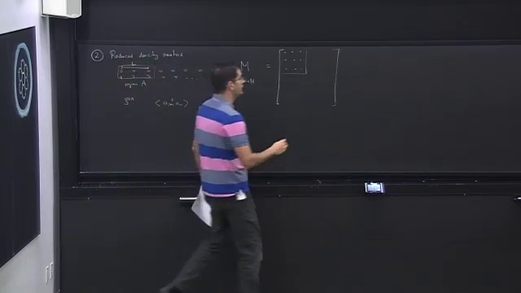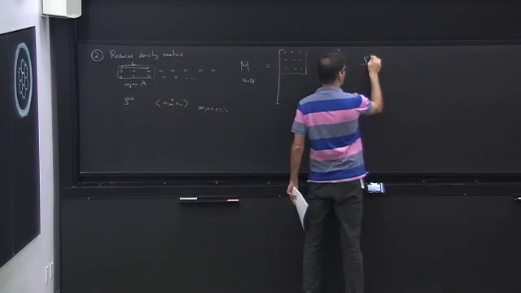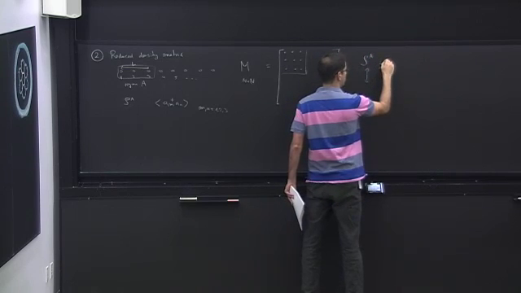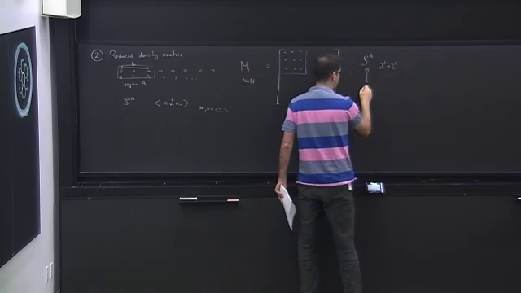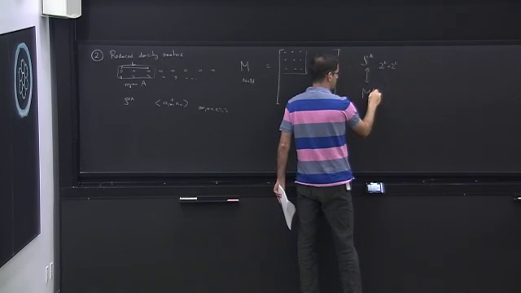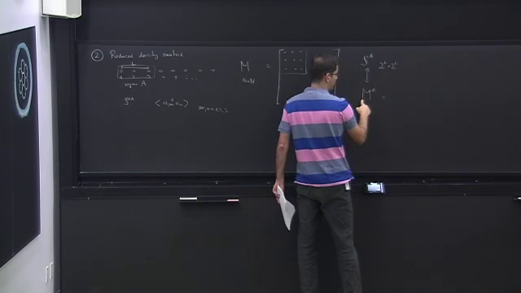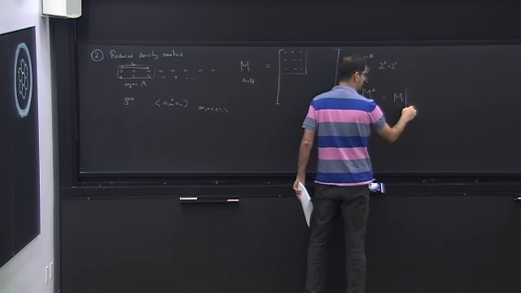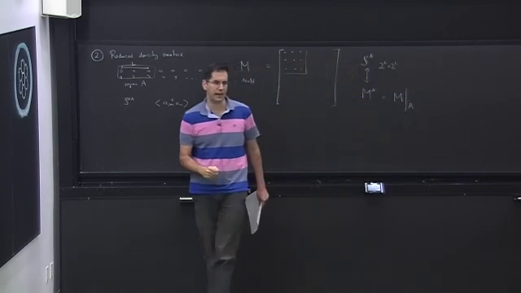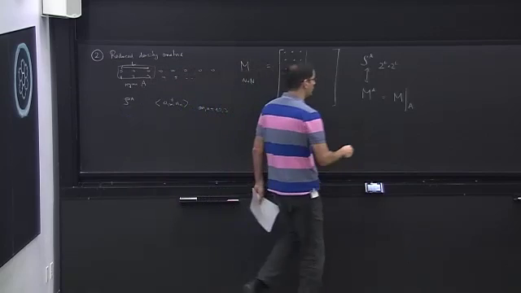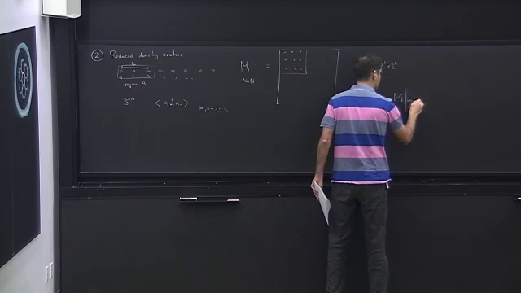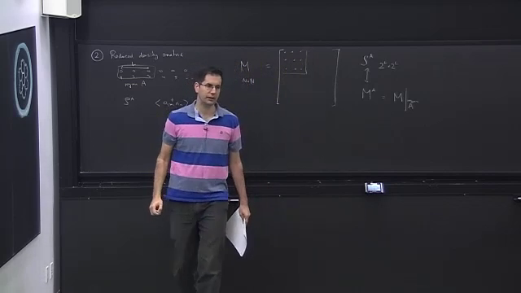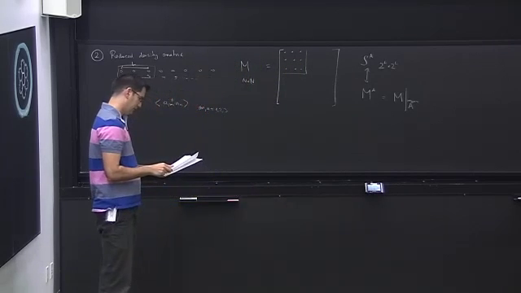What I'm saying is that the reduced density matrix for part A is represented, and this is 2L times 2L, by a new correlation matrix M_A, which is nothing but M restricted to part A. We restrict M to region A. So we just take a submatrix. Very good.